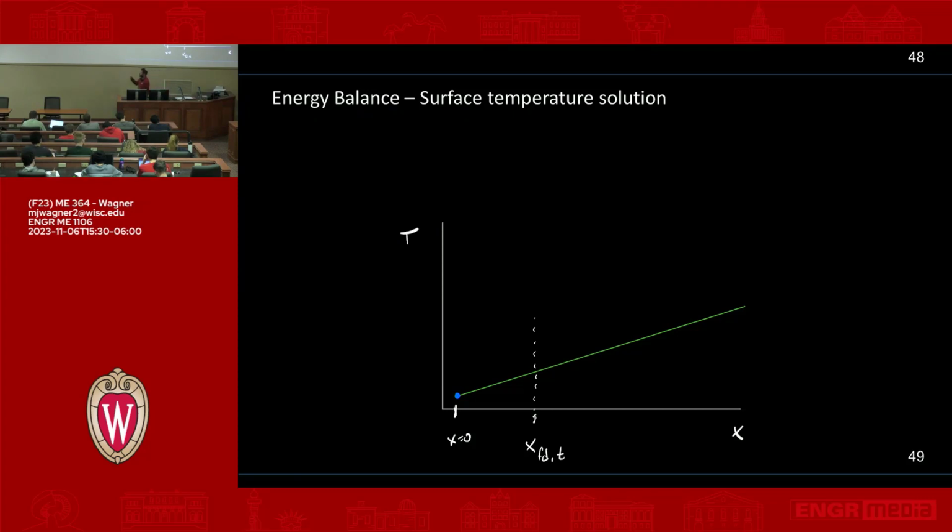Once I get to the fully developed point, that x_fd, my boundary layer thickness stops changing. So at that point and beyond, the relationship between surface temperature and mean fluid temperature is that there's a constant offset, right? So it might look something like this. In that region in between, what's happening?